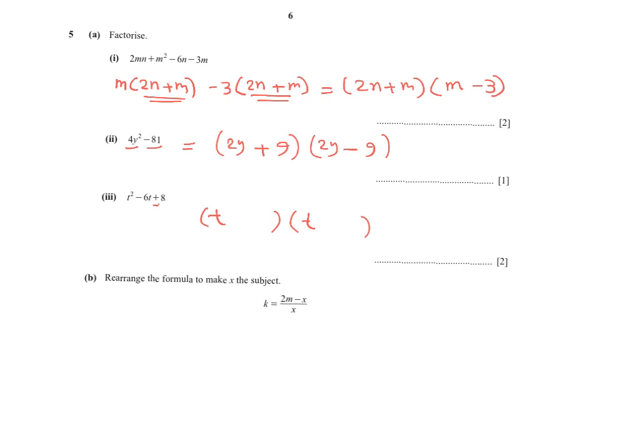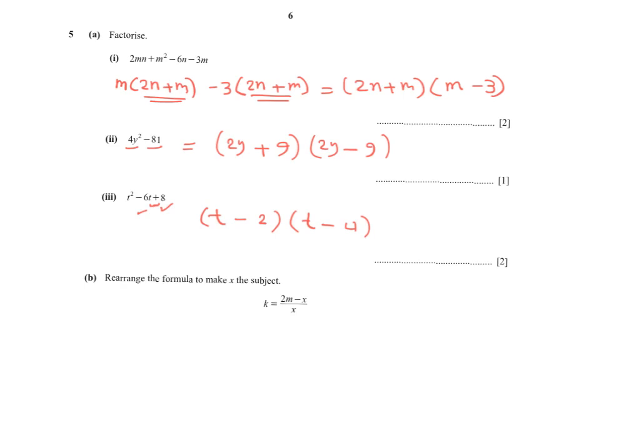If you multiply you get 8, and if you add you get 6. 2 and 4, both of them like the middle sign, so minus minus, so (t minus 2) and (t minus 4). And you can use your calculator to factorize any trinomial. Any trinomial you can solve with the calculator, then write the factors.